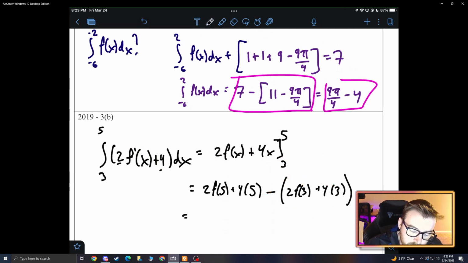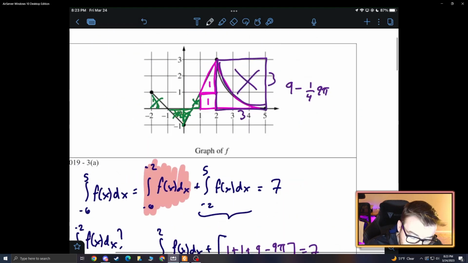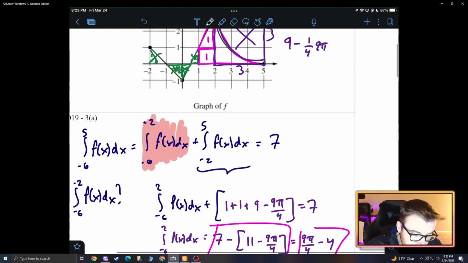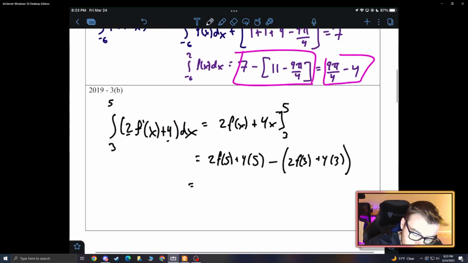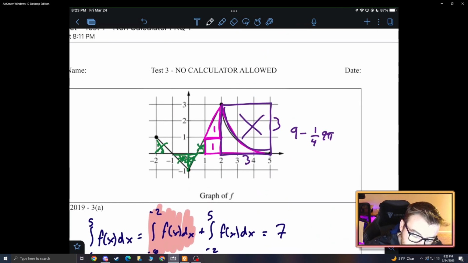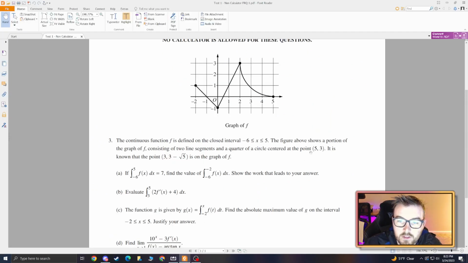So what is f of 5? F of 5 can be found by simply looking at the graph, and f of 5 happens to be 0, okay? So that just goes away. 0 plus 20 minus 2 times f of 3. F of 3, do you remember? F of 3 was given to us.